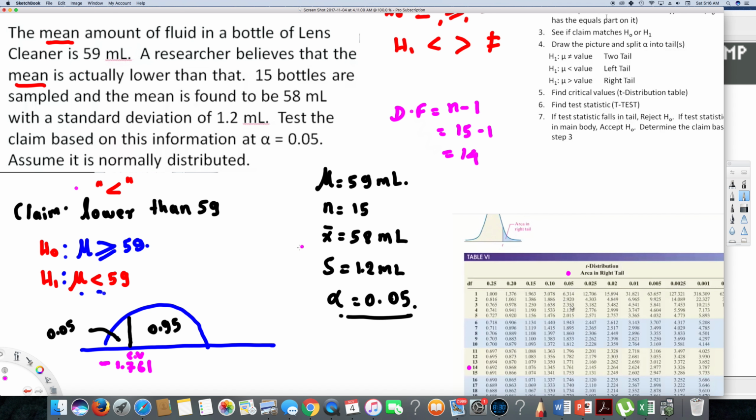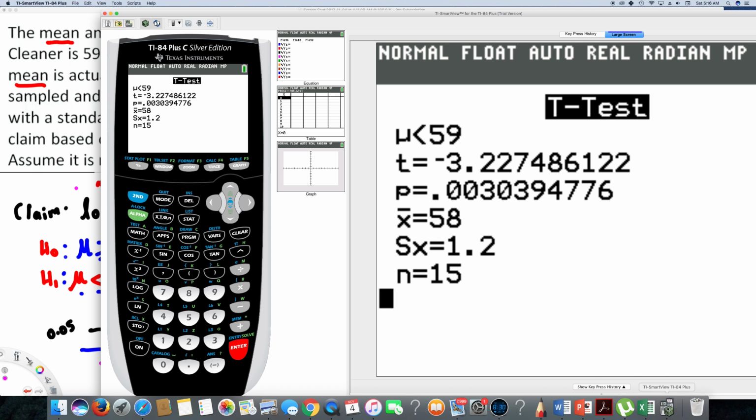So let's note that down right here: the t-test gives t equal to negative 3.23 if we round it. If the critical value is negative 1.761, then negative 3.23 definitely goes in this side, because it's lesser than this one.